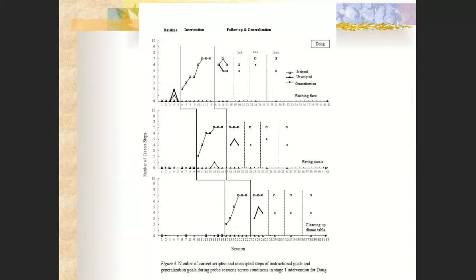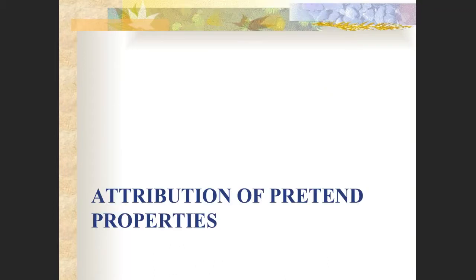This child acquired the target faster with fewer sessions, and the next child also. These are different tasks: washing face, eating meals, and cleaning up the dinner table, for example. All right, so this is video modeling to teach imaginary objects.